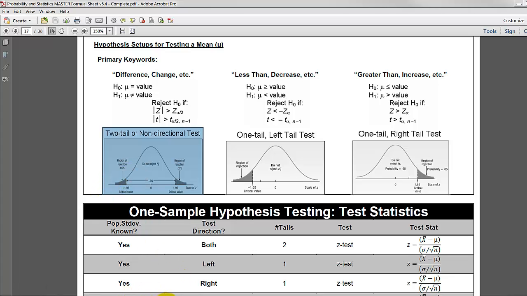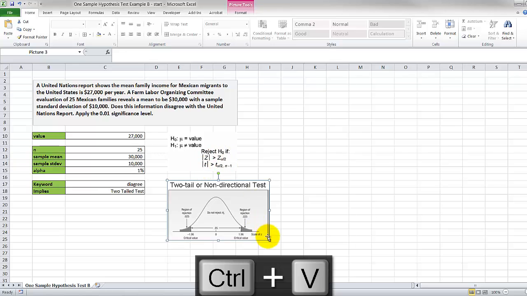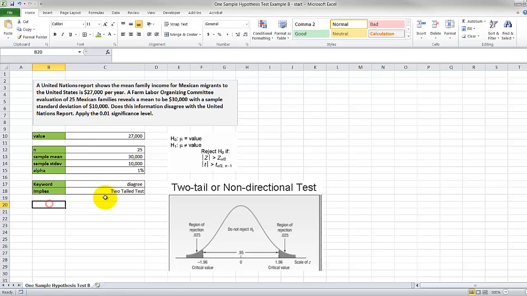So let's go back to our sheet, and I'm going to paste this figure, which is just a general figure, I might add. And now let's go ahead and write our null, H0. Our null hypothesis is that our sample mean, we'll call it mu, or let's say sample mean above, is equal to the value.